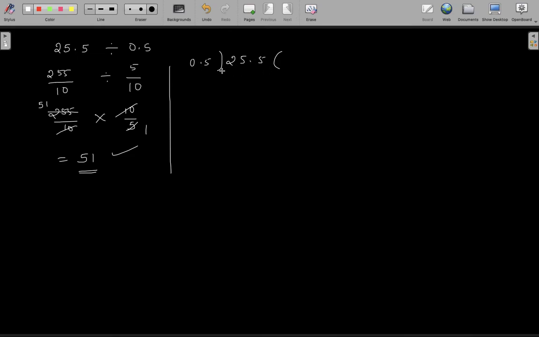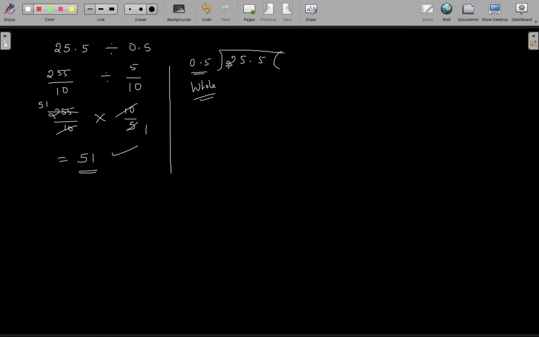25.5 when it is divided by 0.5, what I mean here is I have a divisor as a decimal number, and I have a dividend as a decimal number. But how can I divide with a decimal number? What I need here is a whole number divisor. So how to convert this into a whole number divisor?